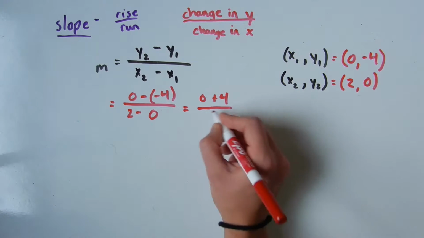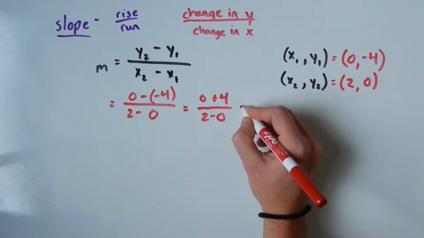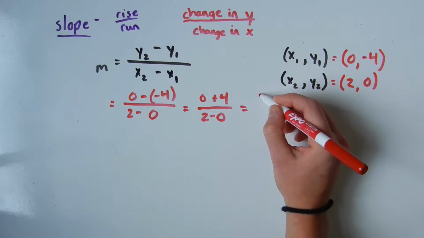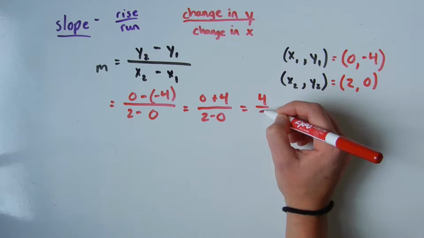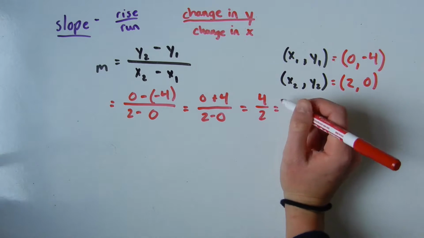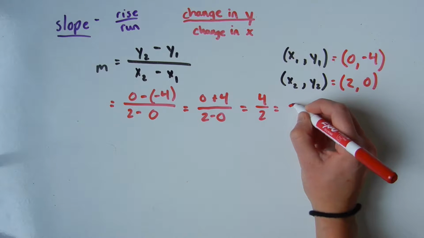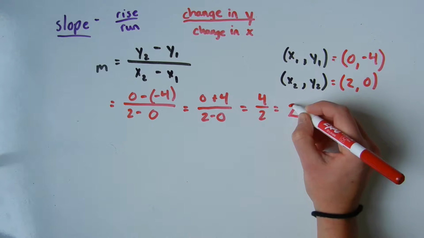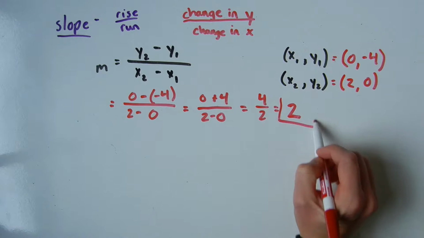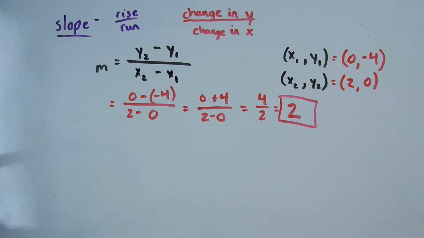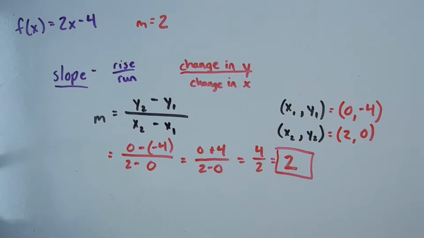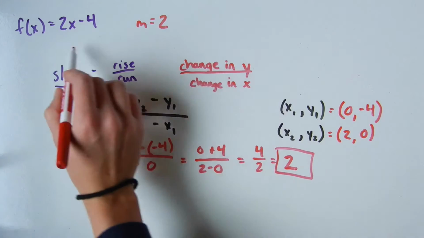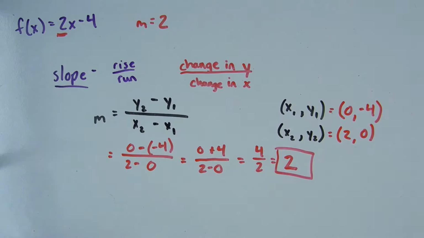So 0 plus 4 over 2 minus 0. That's going to leave us with 4 over 2, which 4 divided by 2, we know, is a positive 2. And remember, from our equation, our m was indeed equal to 2. So that's how you find the slope using the slope formula.